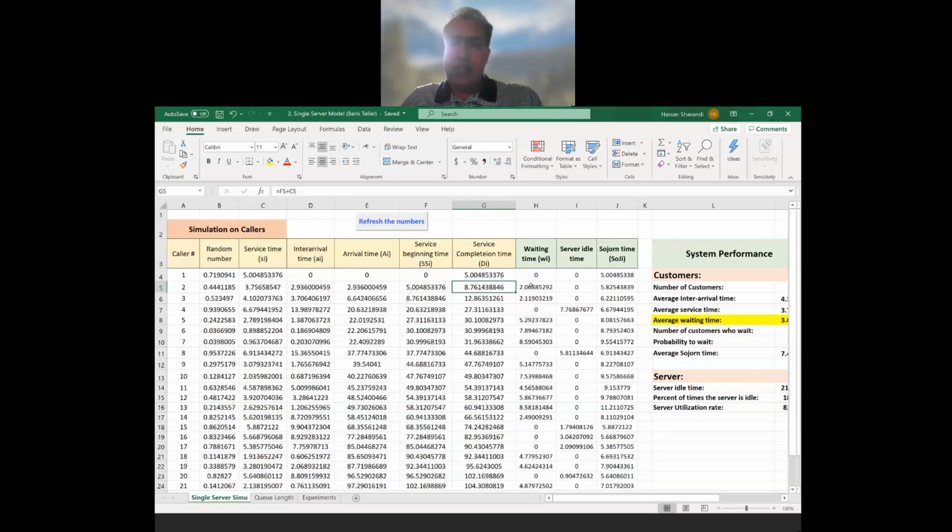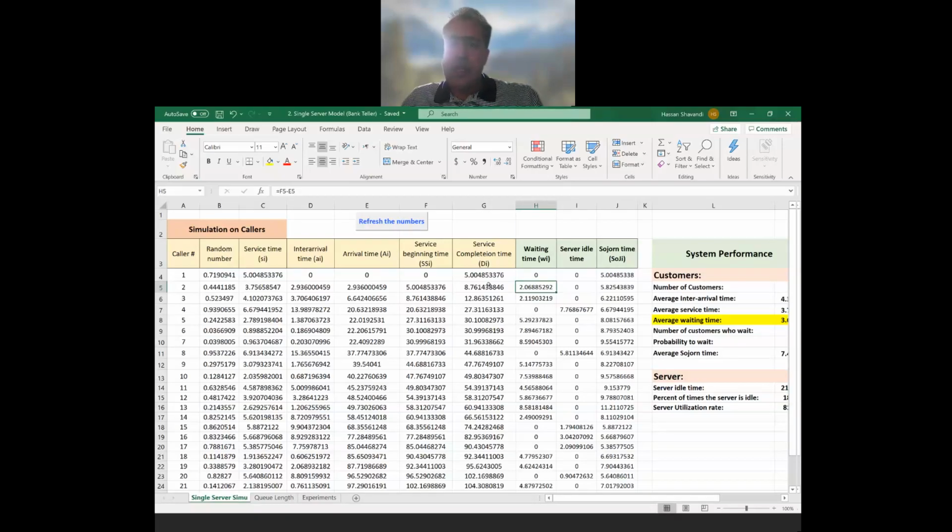For waiting time, we consider the service beginning time and the arrival time. F5 minus E5 for customer number 2 gives the waiting time: F5 is the service beginning time minus E5, the arrival time. If there's any gap between arrival time and service beginning time, that will be the waiting time.